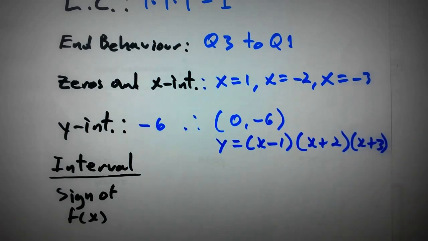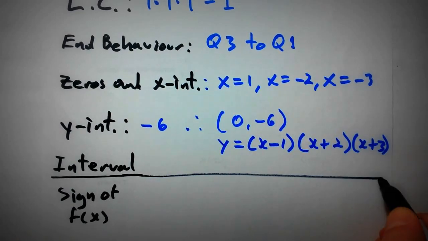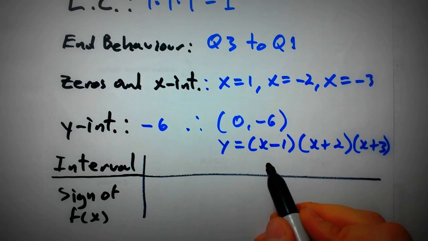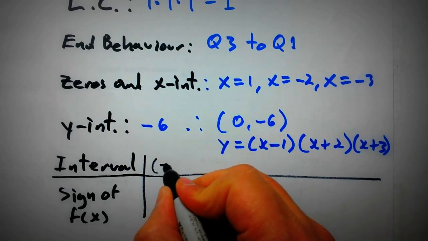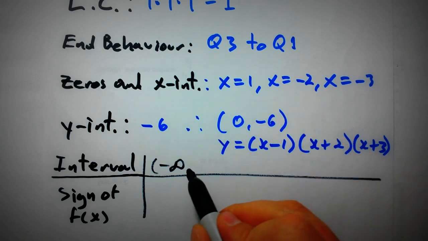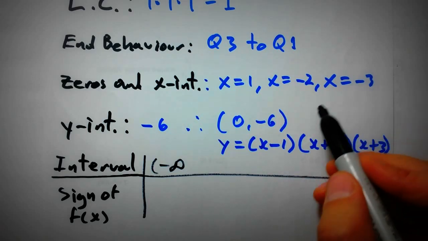So we make a table to figure out the intervals, starting from negative infinity to x minus 3.